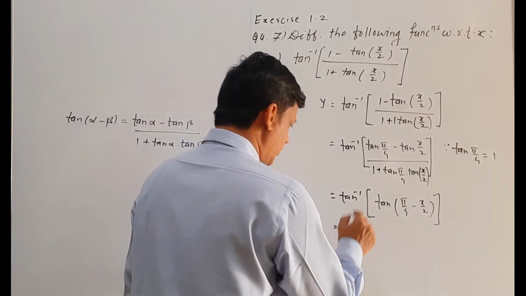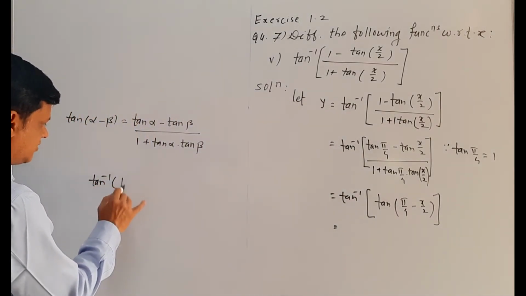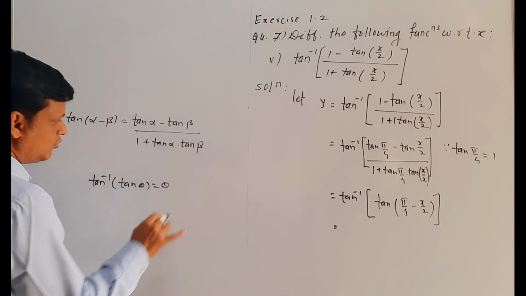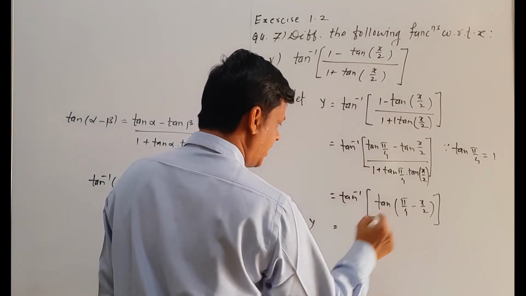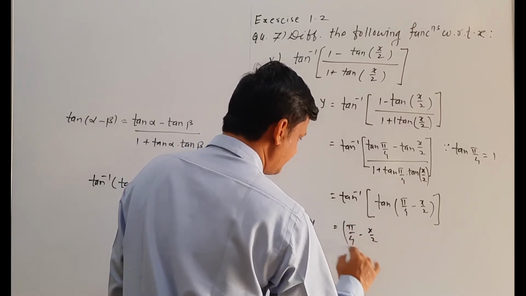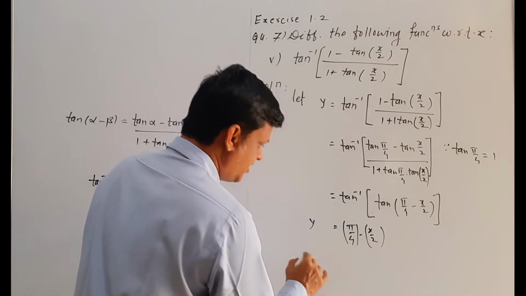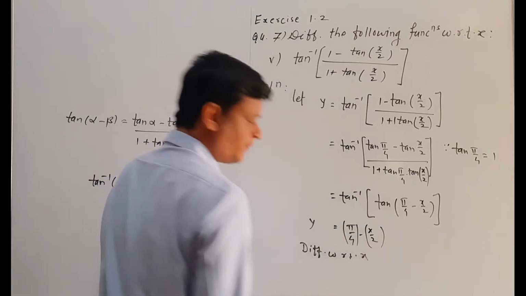So here we come to the property tan inverse of tan theta is equal to theta. So here we write y is equal to tan inverse tan, which gets cancelled. We get the value pi by 4 minus x by 2. So we differentiate this with respect to x.